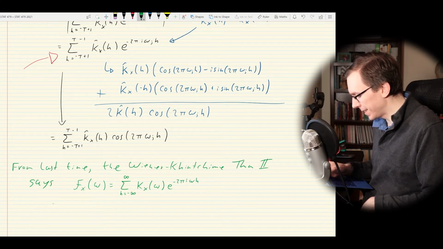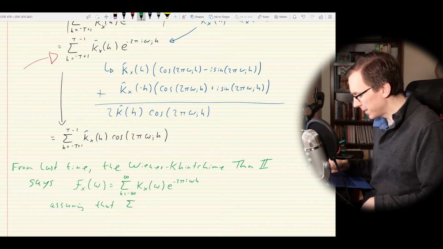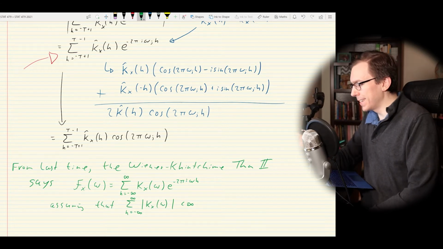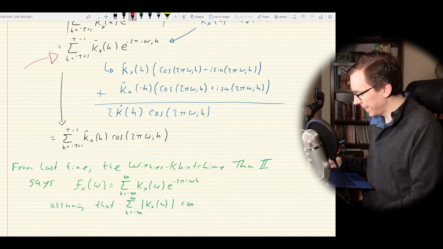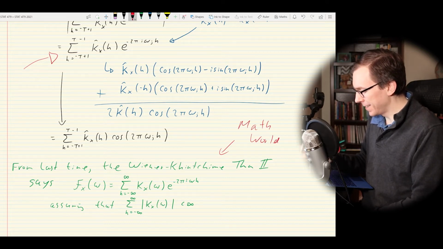And this is assuming, of course, as before, that our k x, our autocovariance, is absolutely summable. That is, if I sum from minus infinity to plus infinity of the absolute value of the autocovariance, I get something finite. So the point is that here in green, we're in math world. And up here in black, we're in stats world.